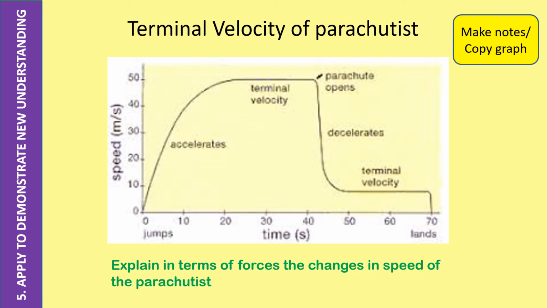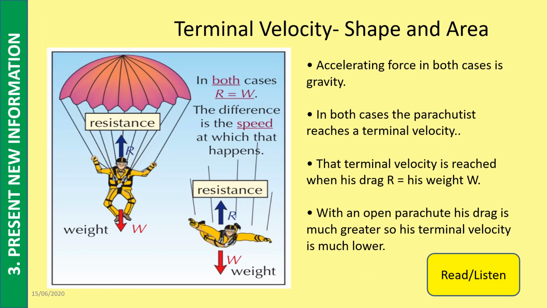And then here is where he lands on the ground. And here you can see his velocity is 0. So he's stationary here. The forces on him are again in balance and he's not moving.